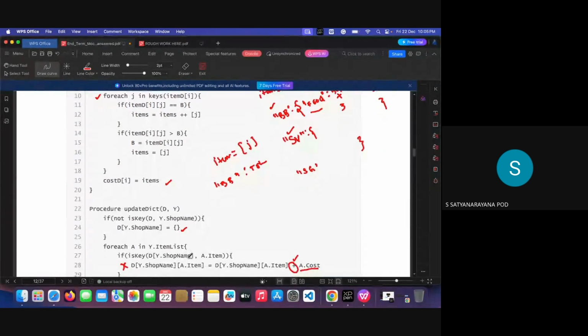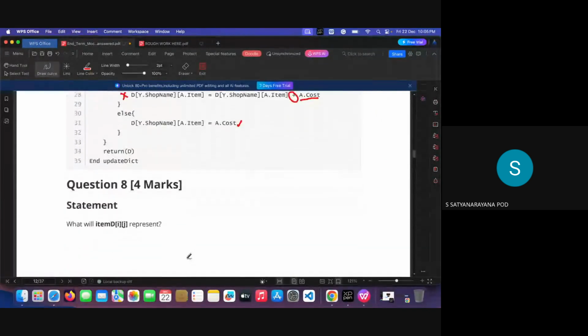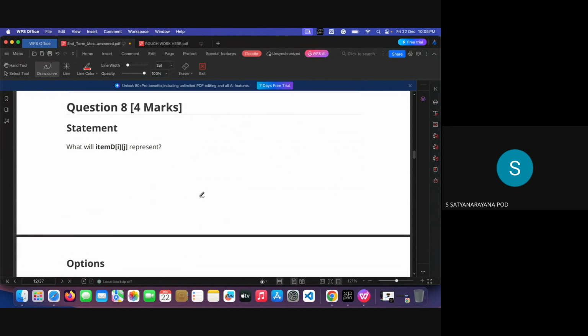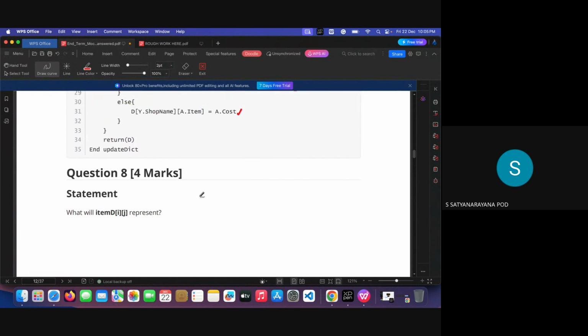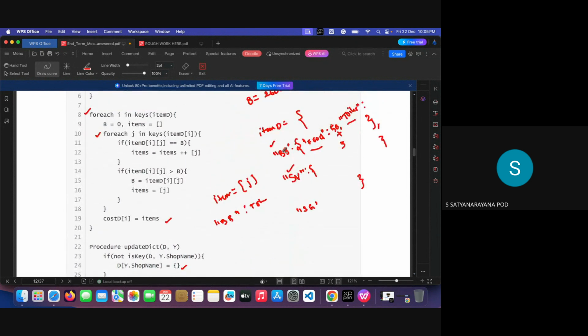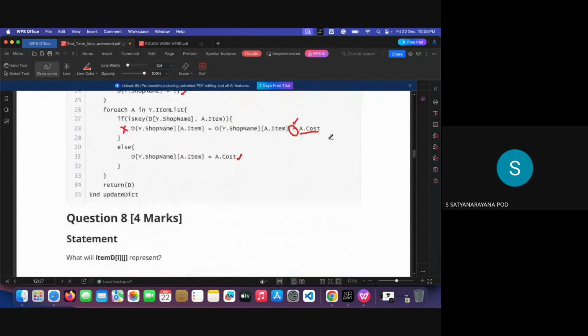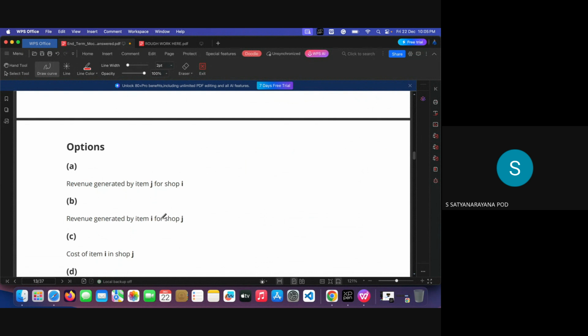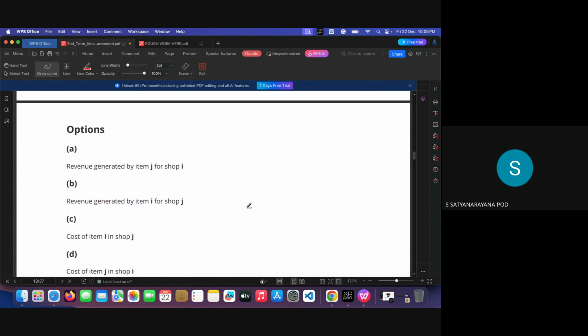Now let's see what questions are there. Maybe two questions are given. What will the item D of I and J represent, with ith row and jth column? The dictionary of D, ith one and jth one. What does it represent? Revenue generated by an item? No. Revenue generated by an item J for the shop I. Clear? The total cost is added.